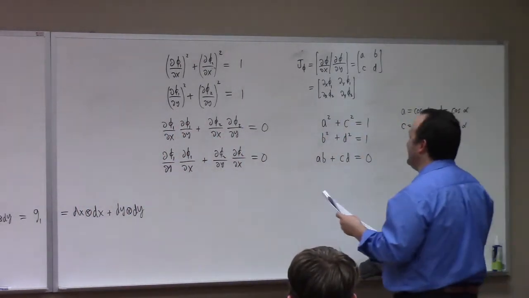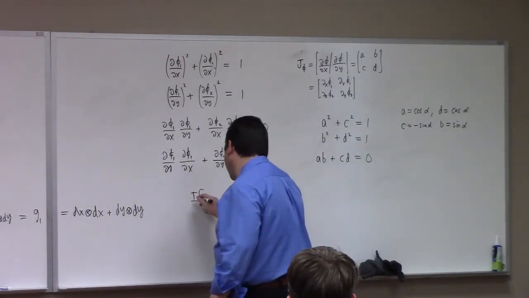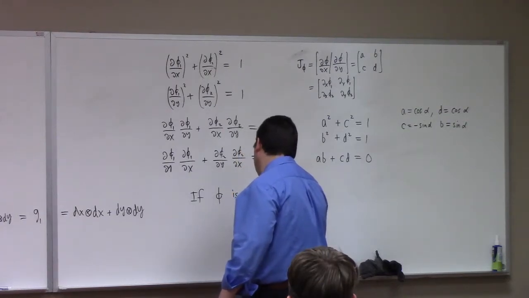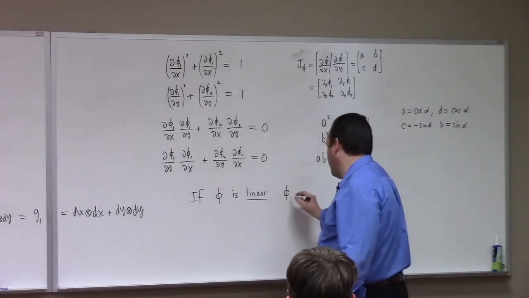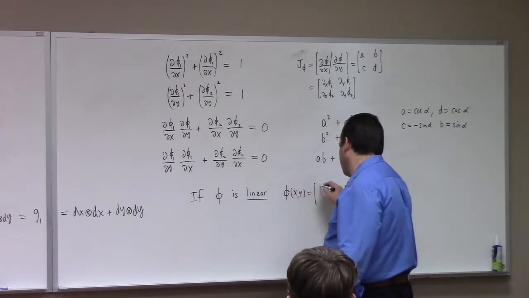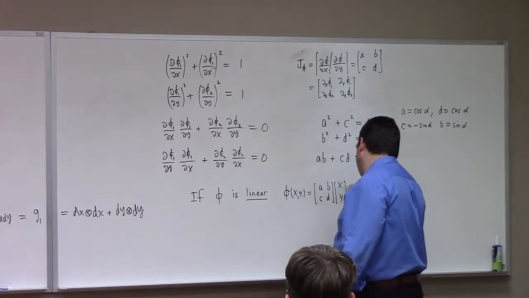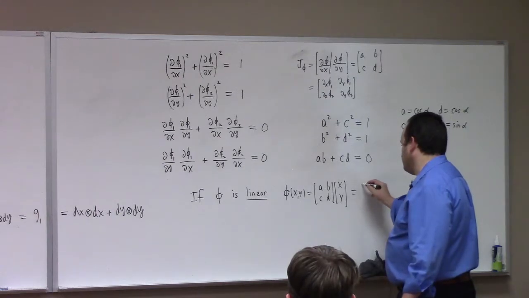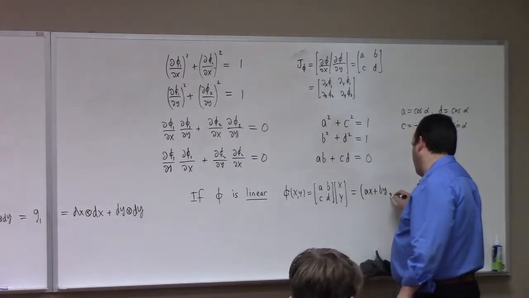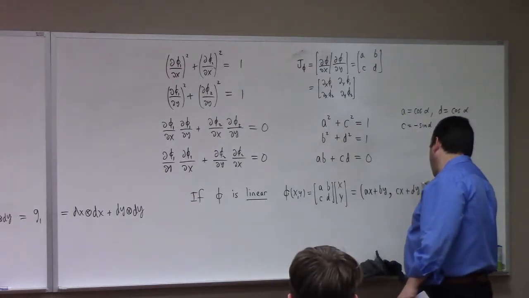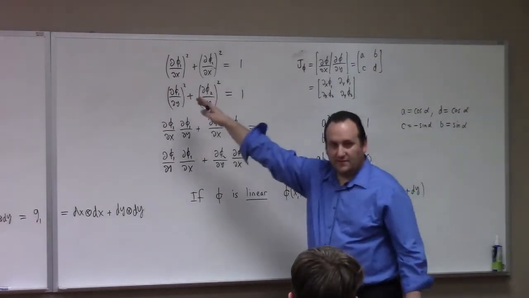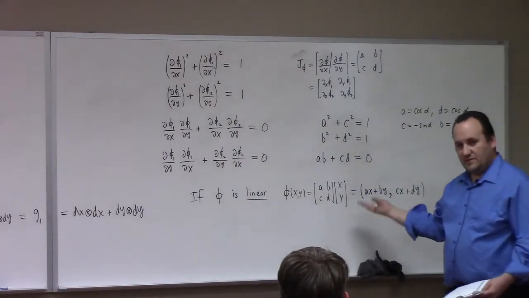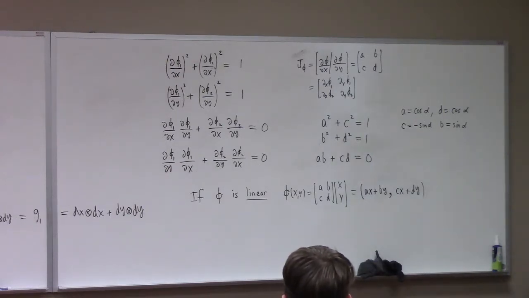But he does point out, if phi is linear, in other words, phi of x comma y equals the matrix a, b, c, d times x, y, then these partial derivatives literally give us a, b, c, d, and this isometry condition actually forces us to have an orthogonal transformation.